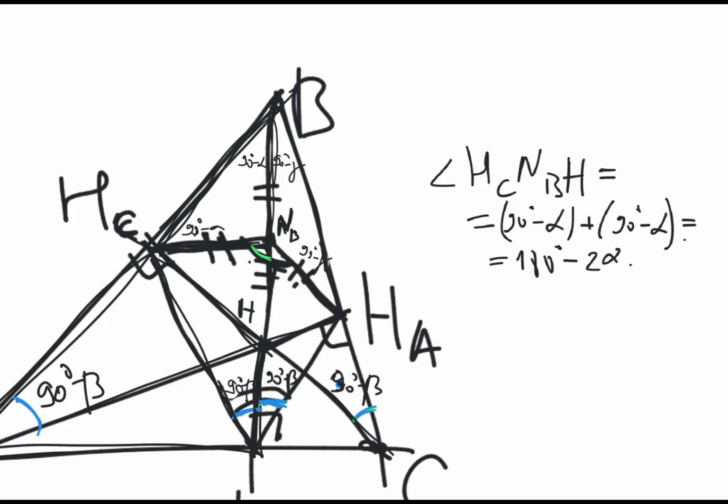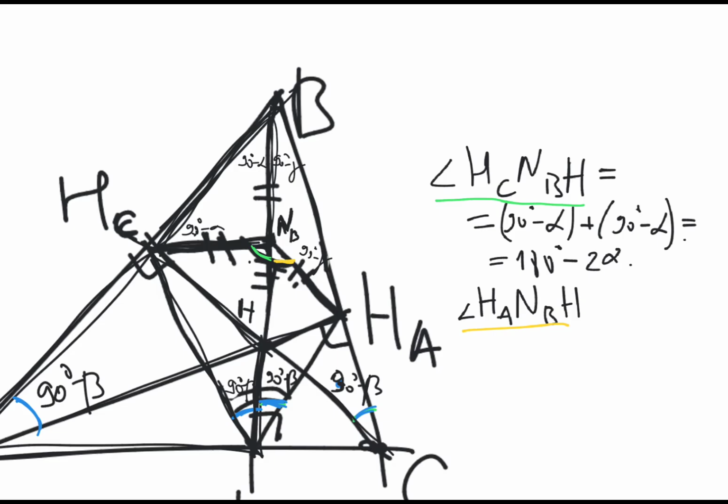right? And similarly the one that I highlighted in yellow, so this one was green, and this yellow one is the angle HA and BH, the one that I highlighted in yellow on the picture.